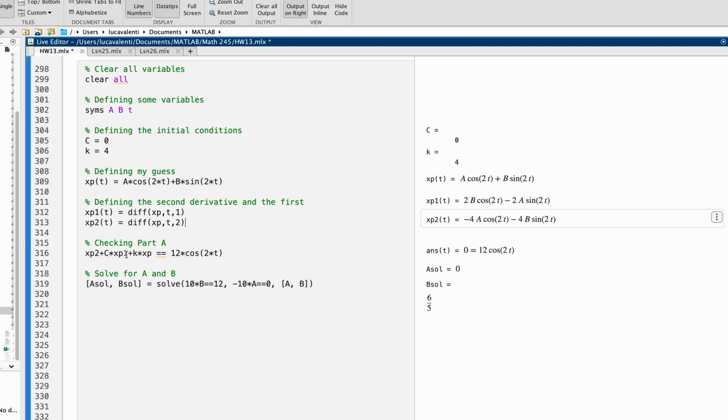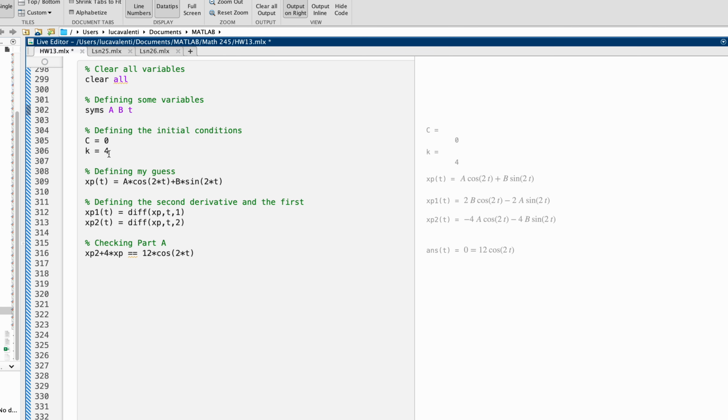C here is going to cancel this out, but this K times x_p should be staying. So let's try maybe just hard coding the values. So this one and 4, and this shouldn't be here anymore. Control Enter. These we don't need anymore.